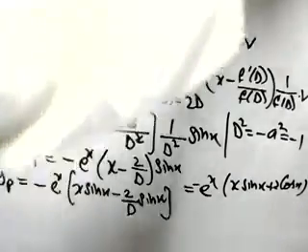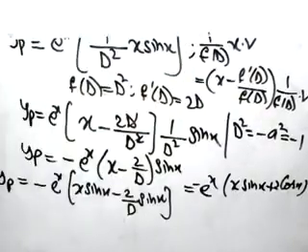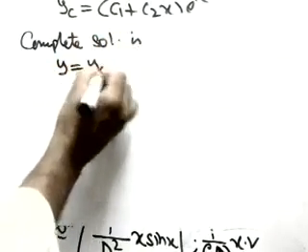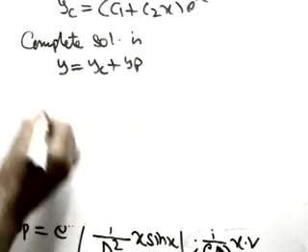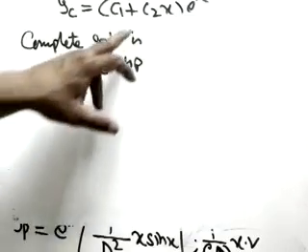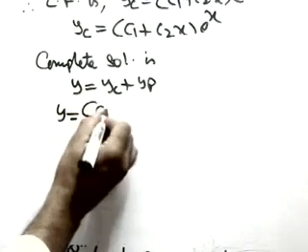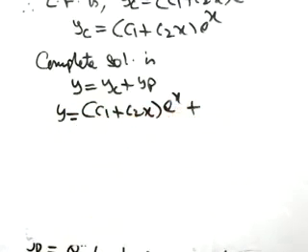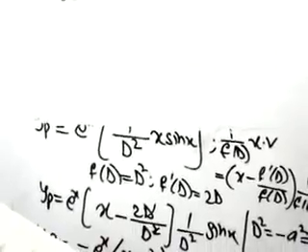Therefore, what is our formula? We have to write the complete solution. Complete solution is y equals yc plus yp. Y equals yc, which we just got: c1 plus c2 x into e^x, plus yp.